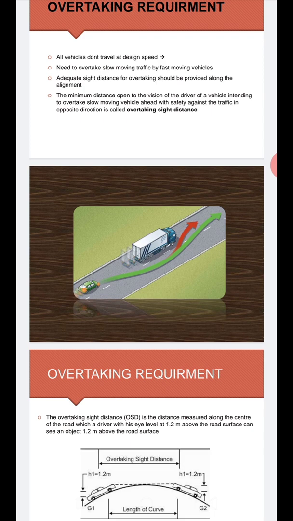It is difficult to see the oncoming vehicle even though the vehicle is very near, because of obstruction and convexity of the curve. That's why IRC has specified the height of a driver's eye as 1.2 meters.